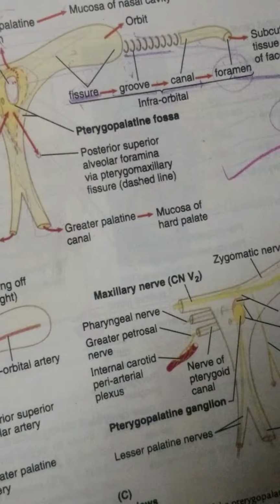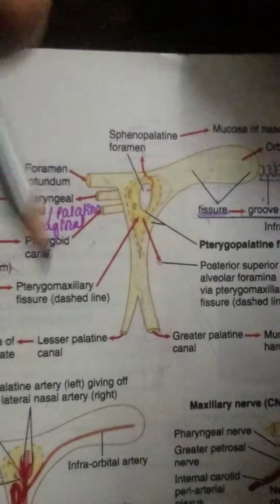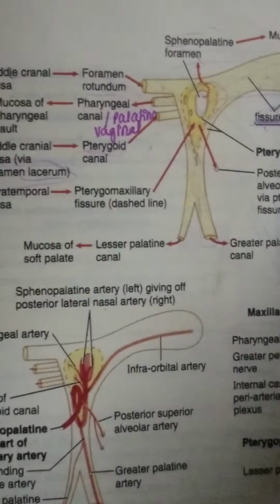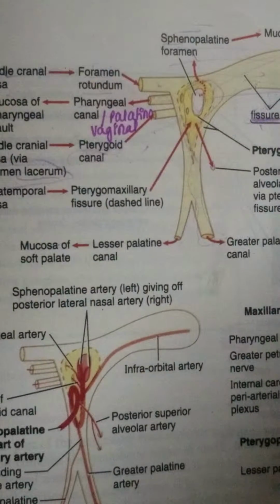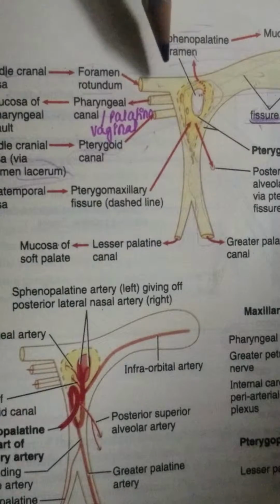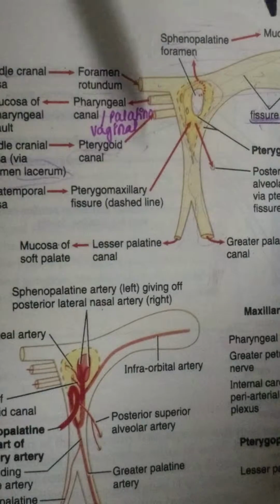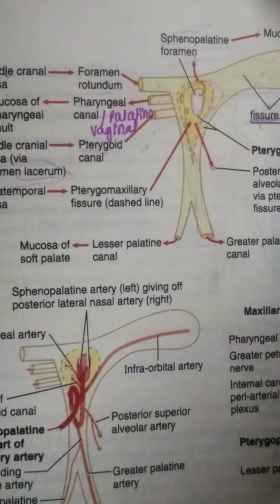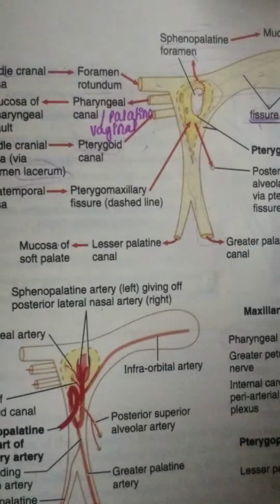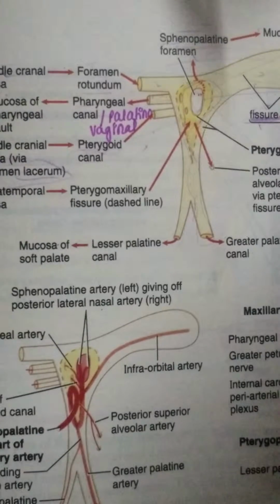Now the posterior communication, how is it communicating posteriorly? Actually there are 3 communications posteriorly. Two communications are to the middle cranial fossa through the foramen rotundum and foramen lacerum, and 1 communication is to the pharynx through the pharyngeal canal.